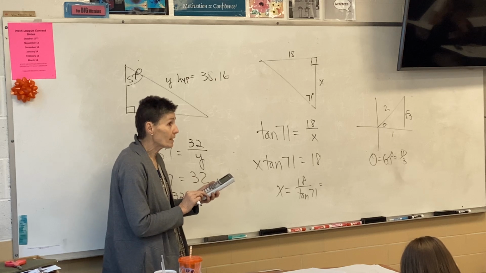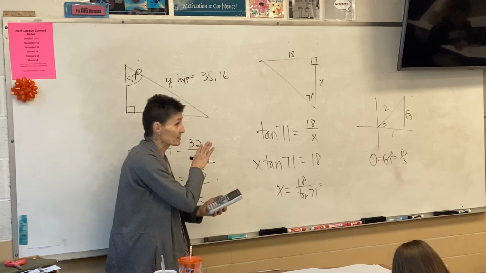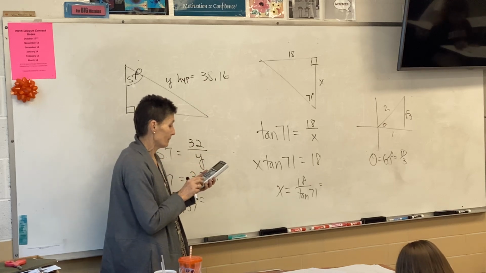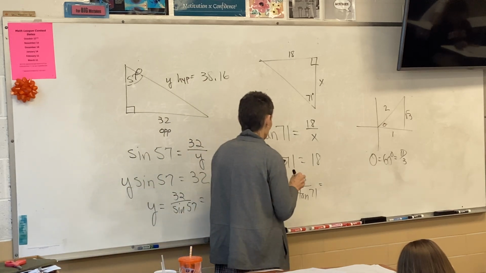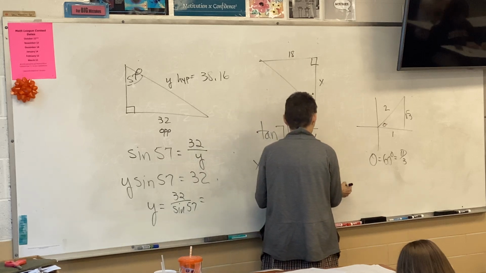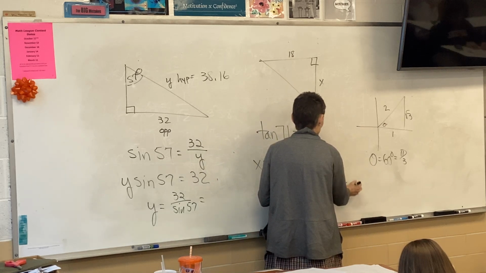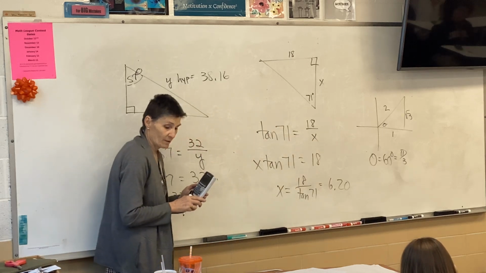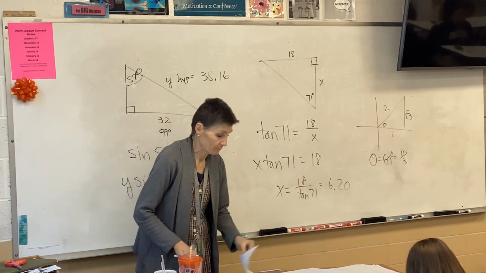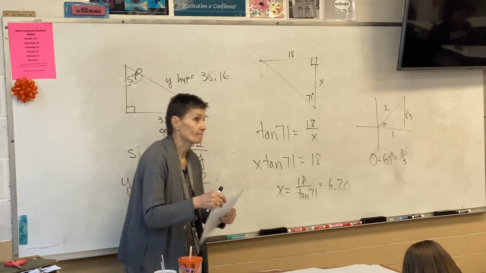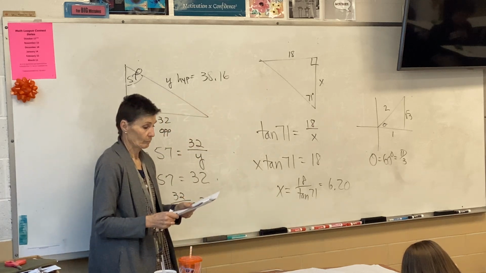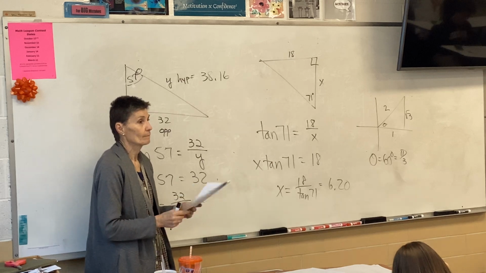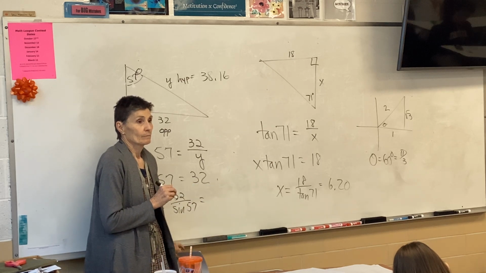Yeah, you can skip steps if you want, just make sure you know what you're doing. So I got 6.20 if I'm going to the hundredth. It would be 0.198 if I went to the thousandth. Okay?